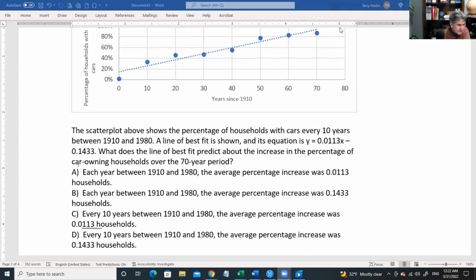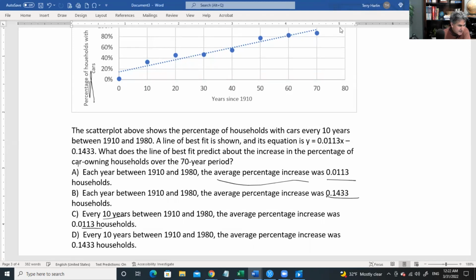So if we go back to the question, let's look at the answer choices first. And we see that each year between 1910 and 1980, the average percentage increase, okay, that's this percentage of increase, was a certain amount. And then this says basically the same thing, except the amount's different.